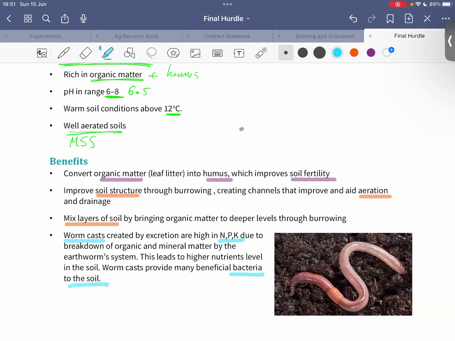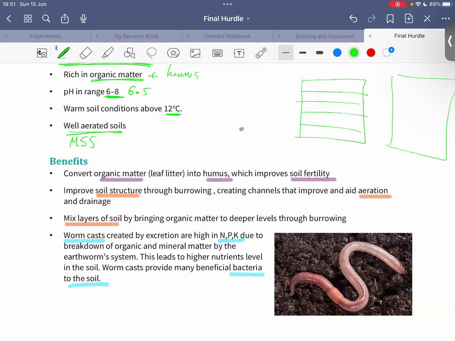Okay, I can't believe it, but that wormery experiment is so popular. I don't know why. I would say 25% of teachers do the experiment with the wormery, but it is a popular one to come up. And all it is, lads, is you have different layers in the soil, you put your earthworms into it.